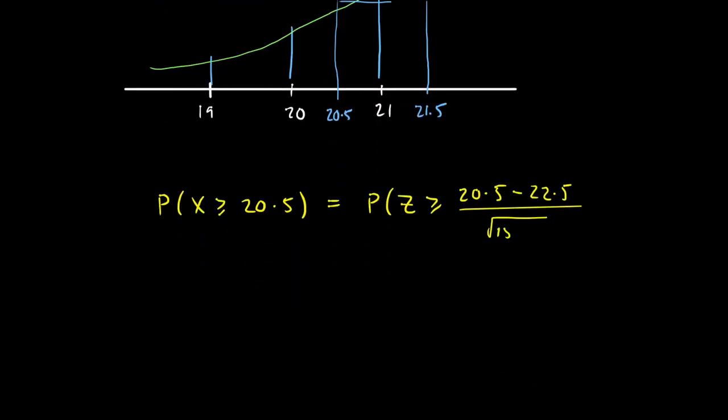I better key that into my calculator and find out what value of z that gives me. Okay, that gives me negative 0.504. So negative 0.504.